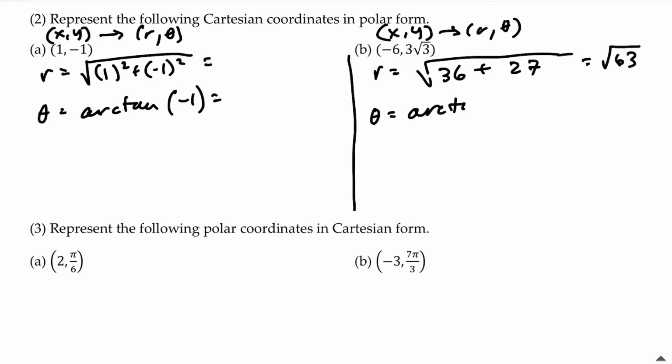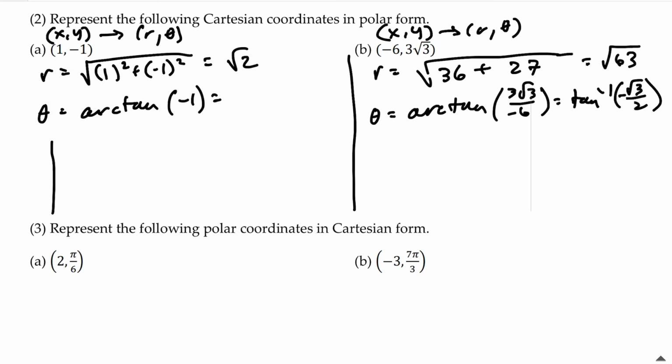And theta is going to be arctan of 3 radical 3 over negative 6, which is going to be arctan of negative radical 3 over 2. So we'll note we've got radical 2 for our r there, and then arctan of negative 1.